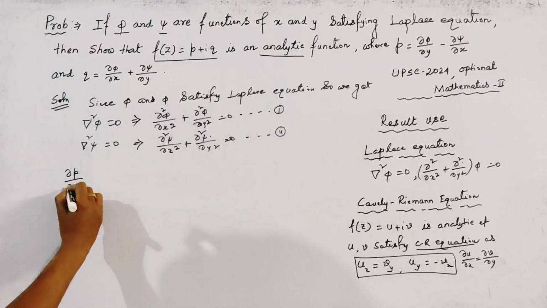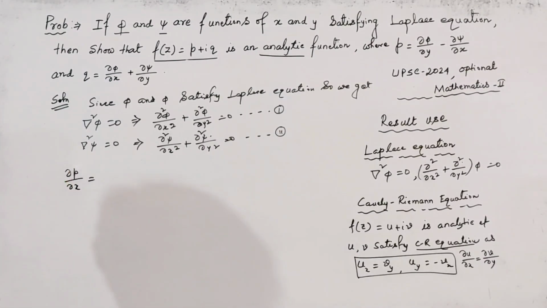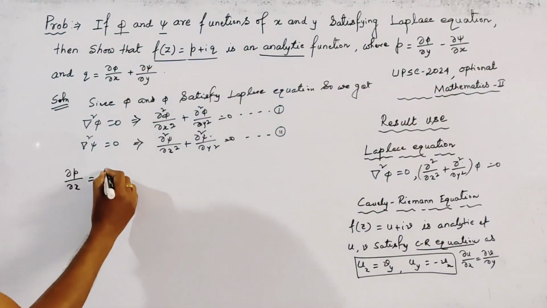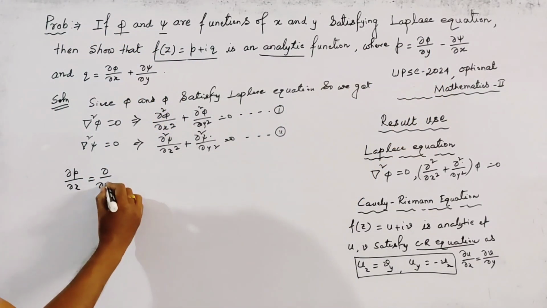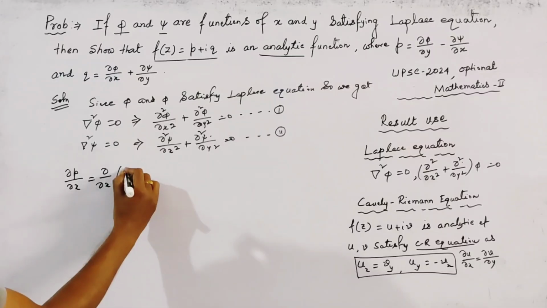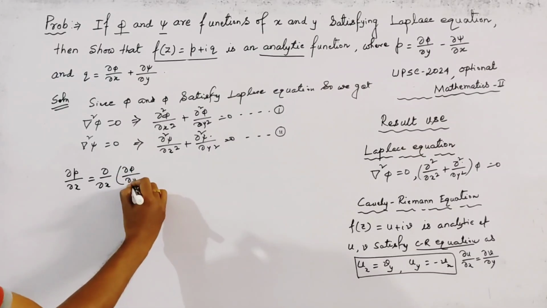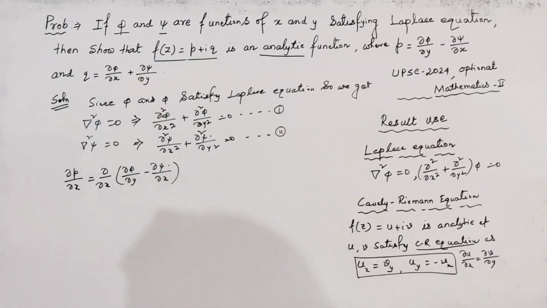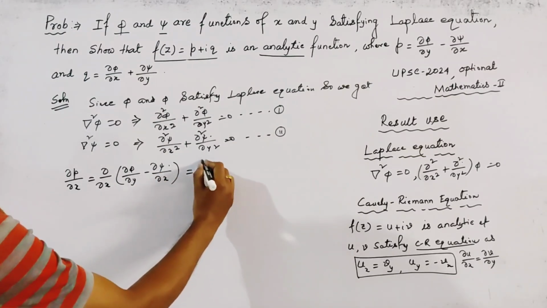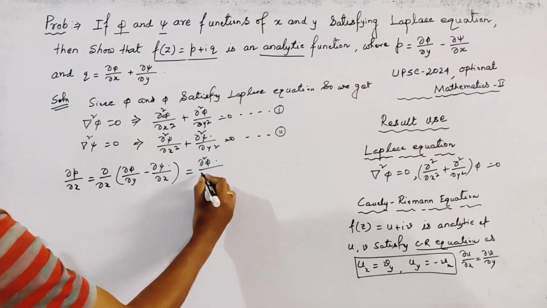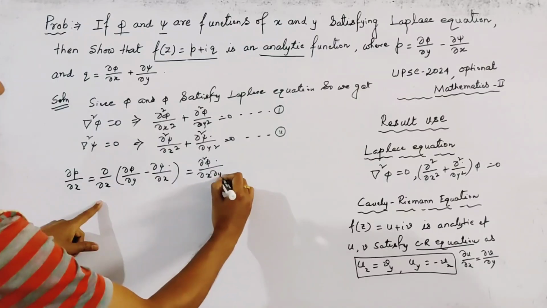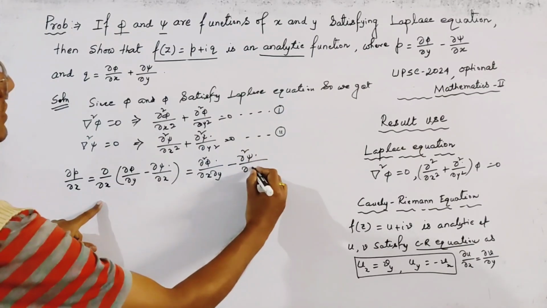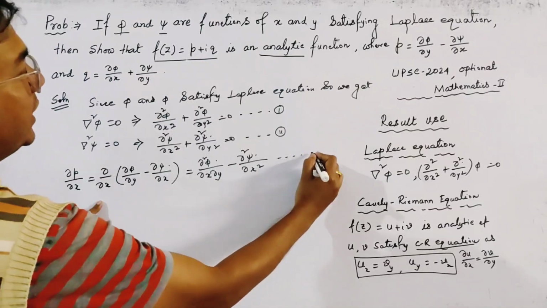Now p is given by del phi by del y minus del psi by del x, and by differentiating we get del 2 phi by del x del y minus del 2 psi by del x2. We name this relation number 3.